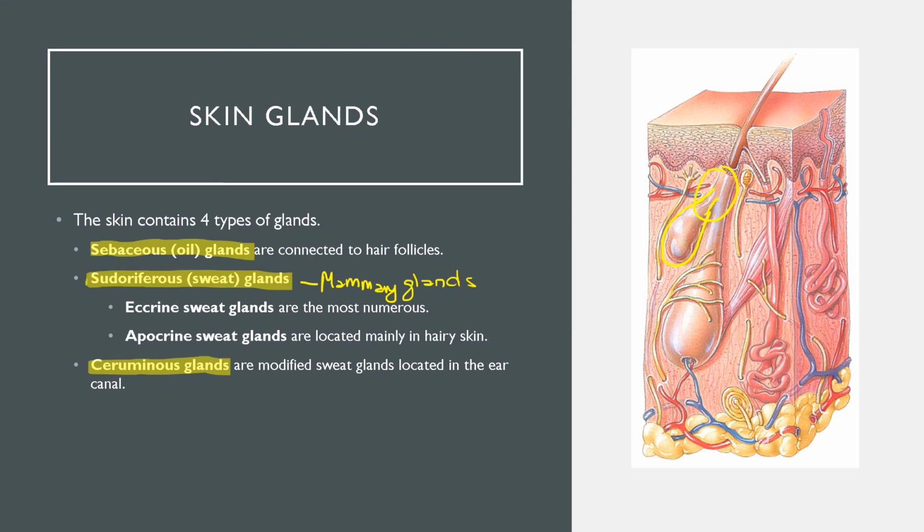Now, these types of glands are going to be absent in palms and soles. They're found in small quantities in most areas of the trunk and the limbs, and they're going to be found in the largest quantities in the skin of the breasts, the face, the neck, and also the superior chest, sorry.